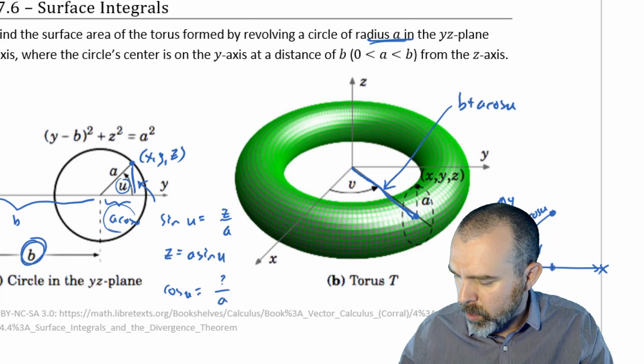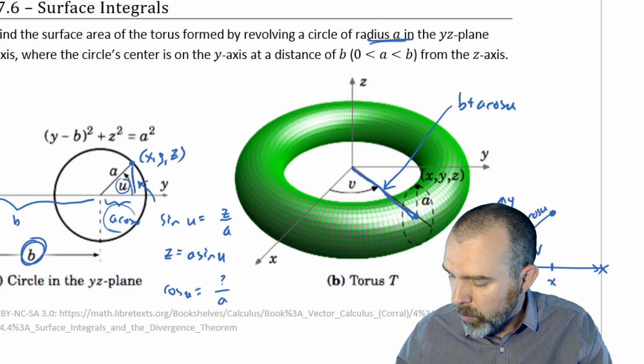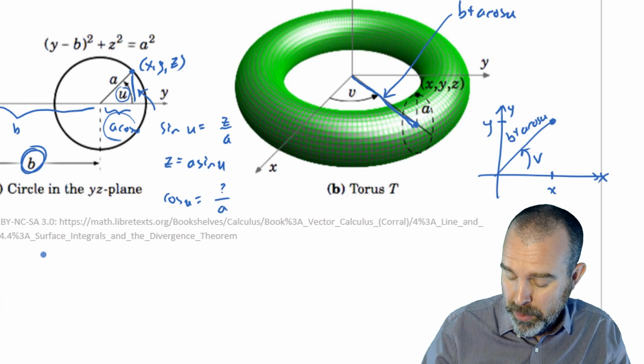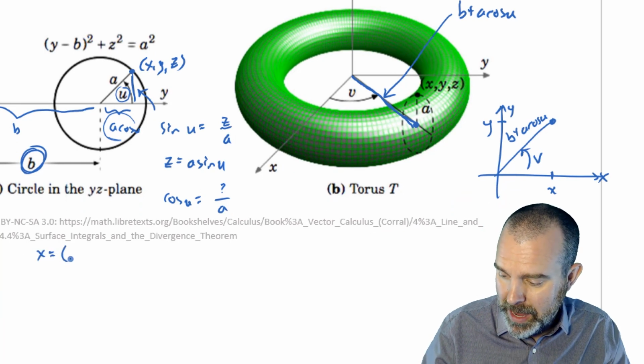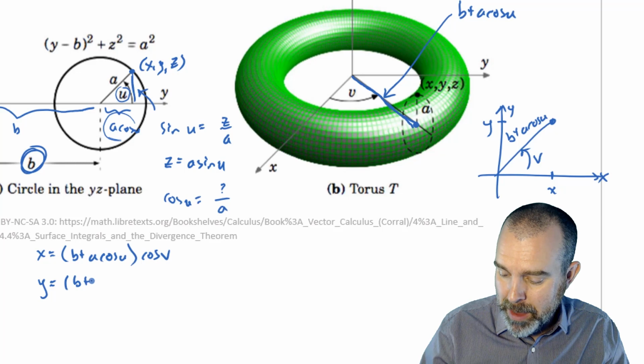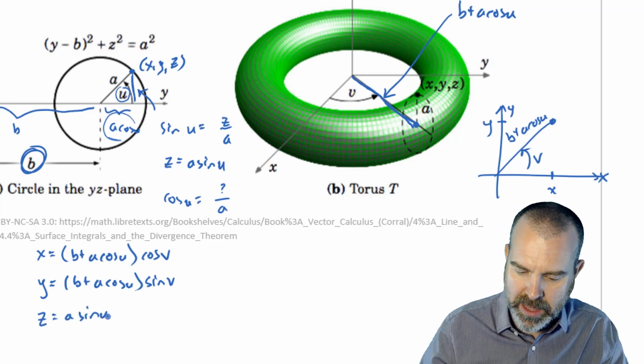The x coordinate is going to be that times cosine of v, and the y coordinate will be that times the sine of v. So parameterizing, we can take x equals b plus a cosine u times cosine v, y equals b plus a cosine u times sine of v, and z is just a sine u.